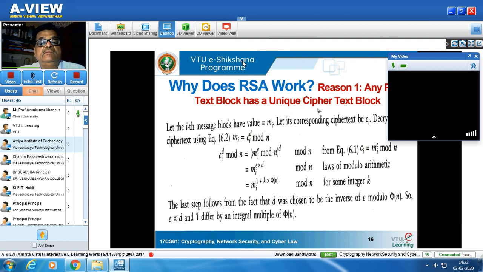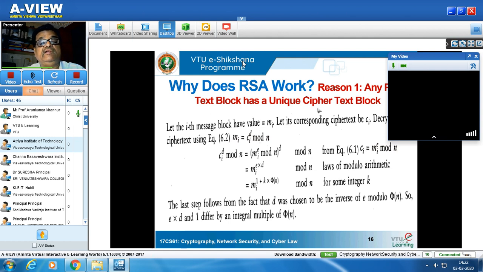Now we are showing this because ultimately we are providing security to the message which is being sent and received. But when we are doing this, there should not be any distortion of the message. The message should not lose its meaning through this encryption and decryption. What has been sent and what has been received should be the same.